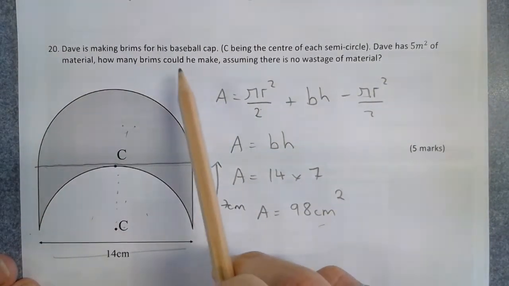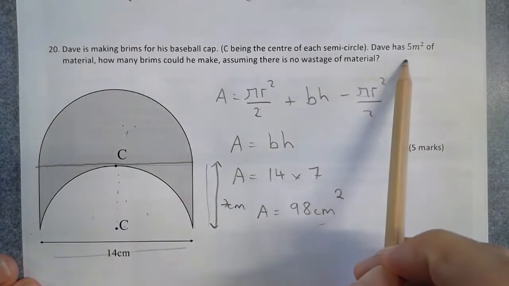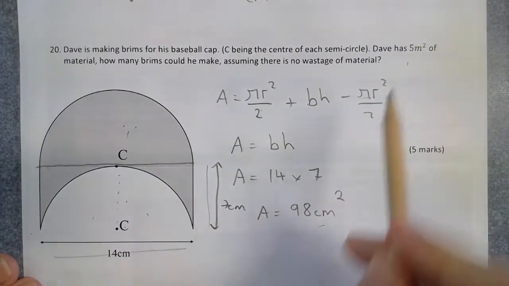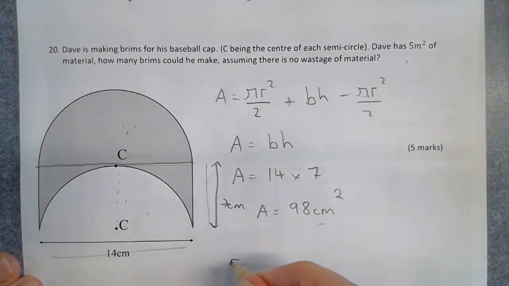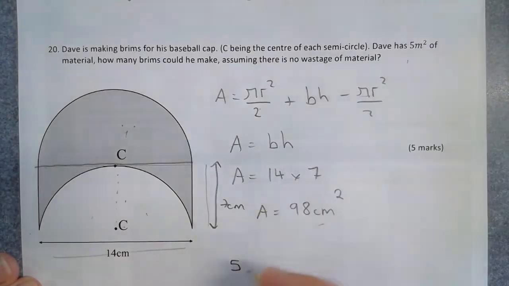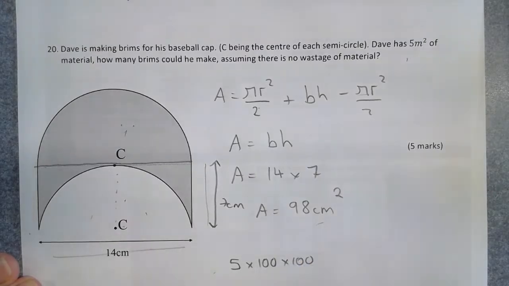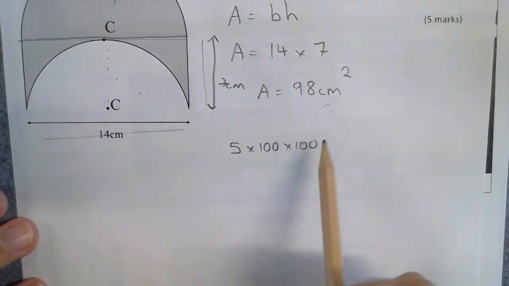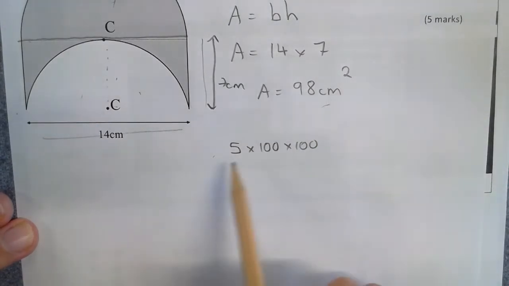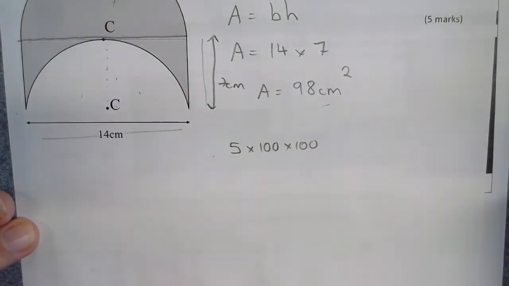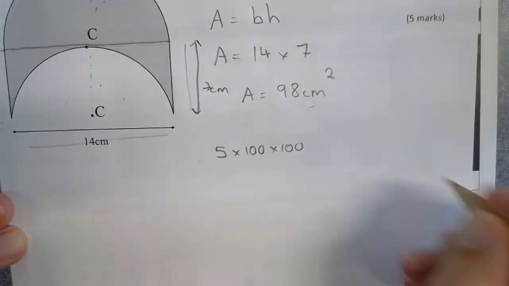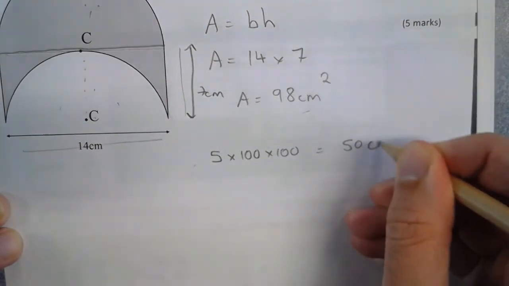So now to find how many he could make, we've got to do our 5 square metres divided by our 98. Now 5 square metres, because it's an area, you've got to times it by 100 in one direction and times it by 100 in the other direction. So because you were converting square metres into square centimetres, we end up timesing it by 10,000. So 5 times 100 times 100 gives us our 50,000.